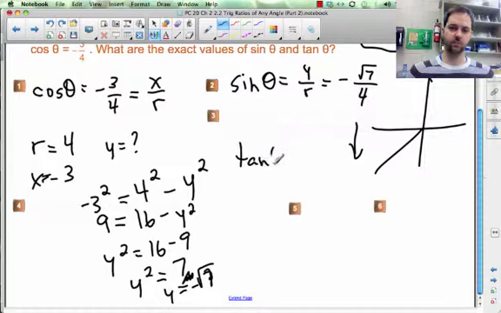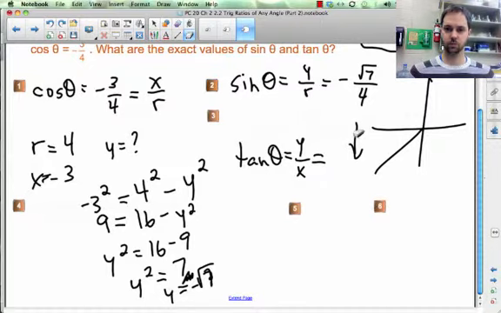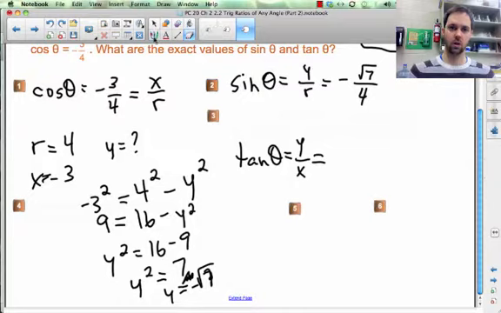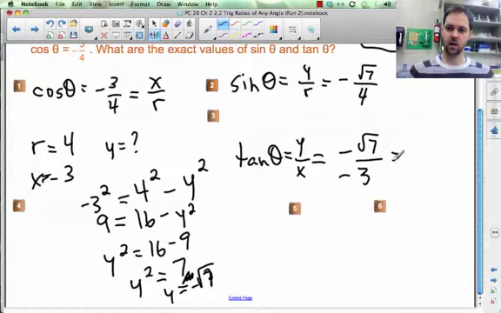Tan theta equals y over x. So tan theta is going to be y, which is negative root 7, over x, which was negative 3, and of course the negatives cancel and we get root 7 over 3.